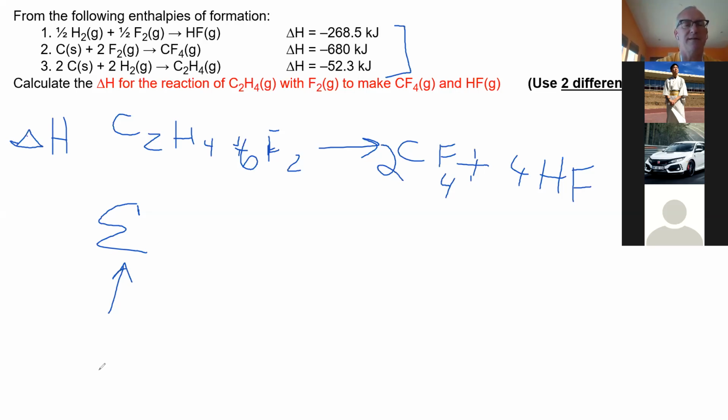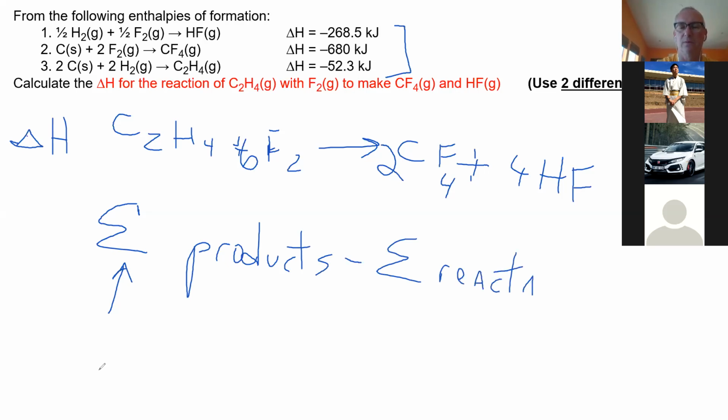I would sum together something about the products, and I take all the products and subtract the summation of something about the reactants. What is it about the products and reactants I'd be summing up?